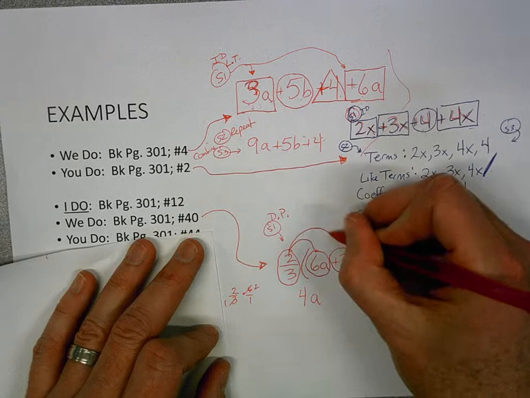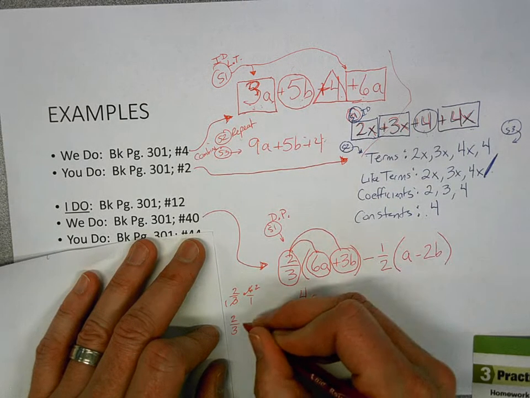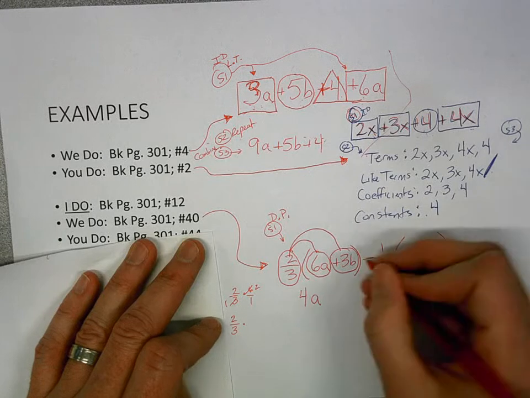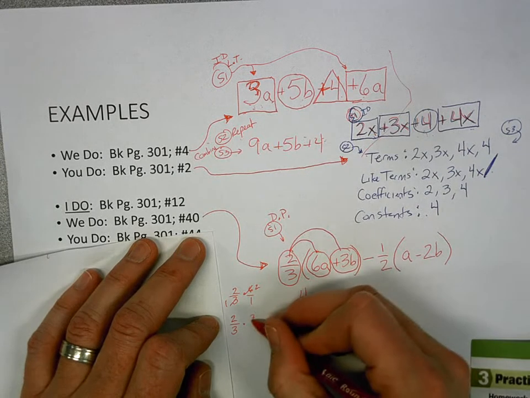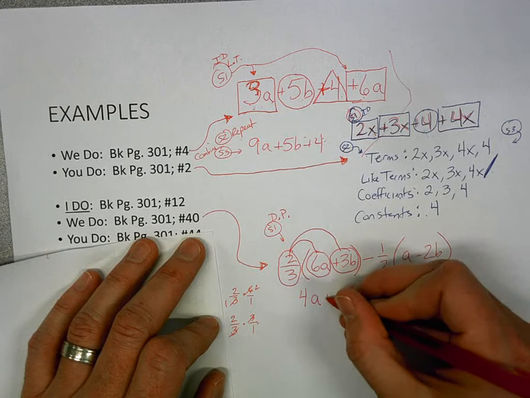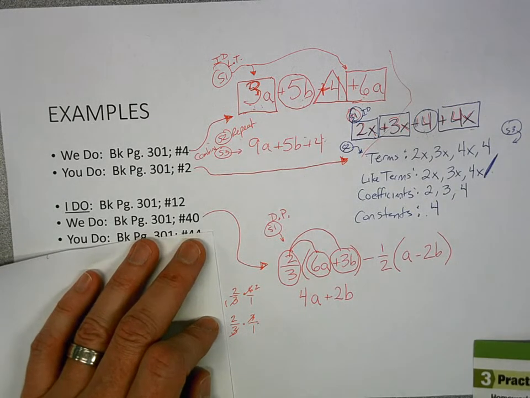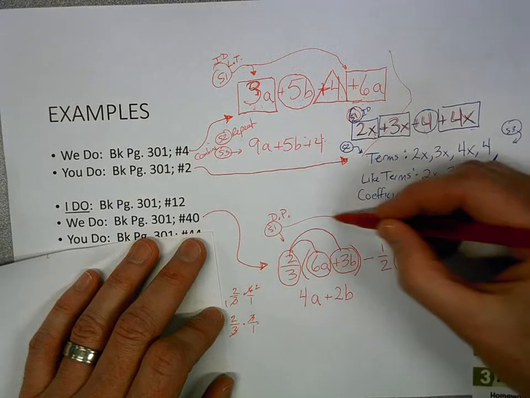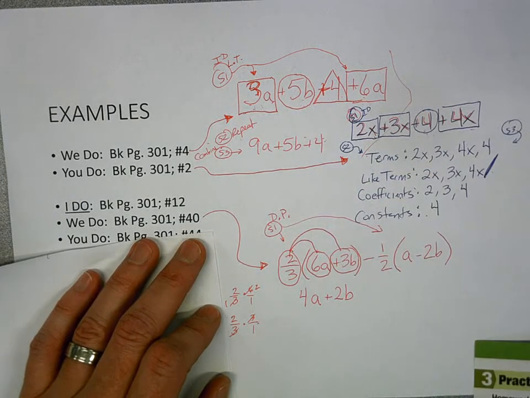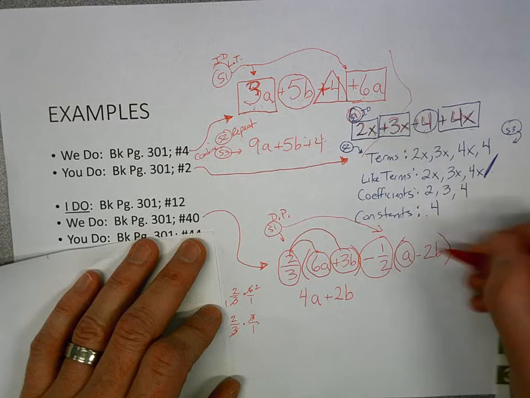Two-thirds times 3b. 2/3 times 3, or 3 over 1. Cross reduce is 2 over 1, or just a positive 2b. Now I'm going to do it for the second half. Here we go. Negative 1/2 a and negative 2b.